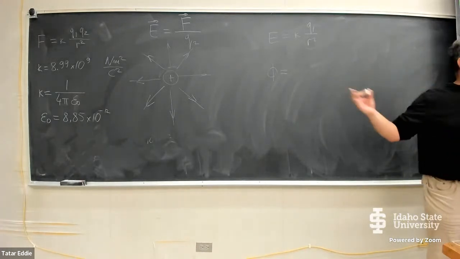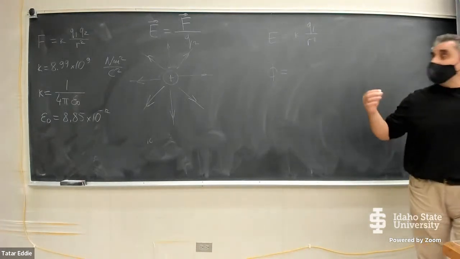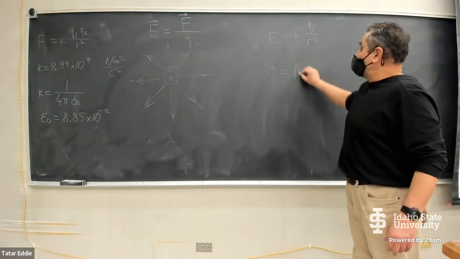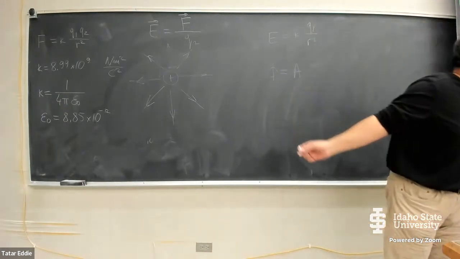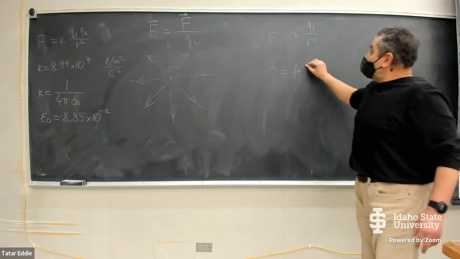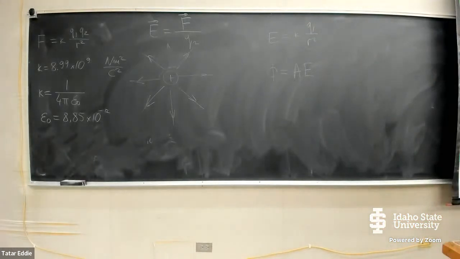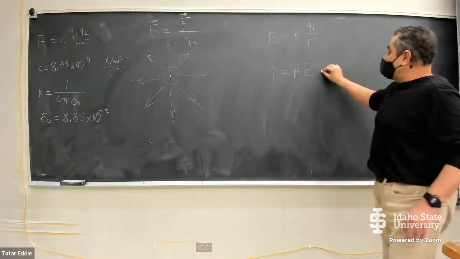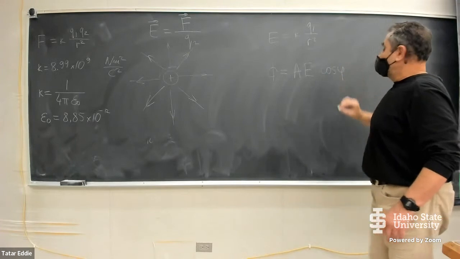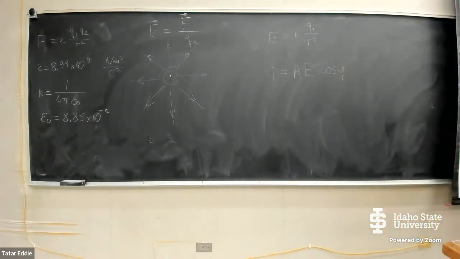And electric flux through area A, we defined as a product of the area in square meter, if you want, multiplied by the electric field that is present roughly at the center of this area, multiplied by the cosine of the angle between the normal to the area and the electric field vector.